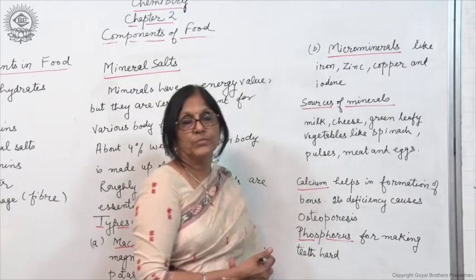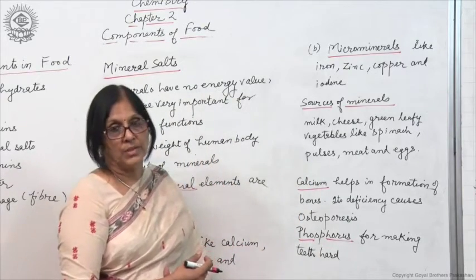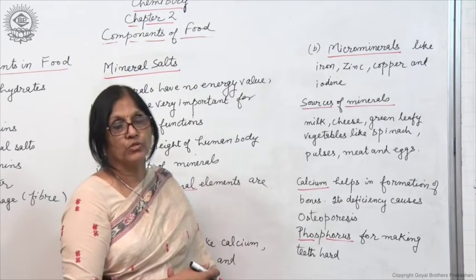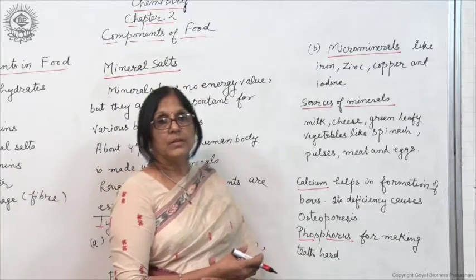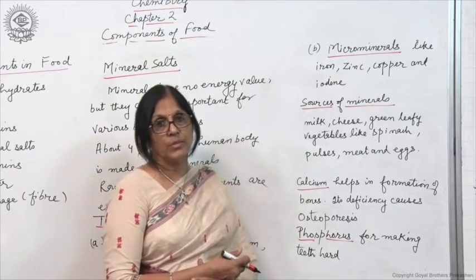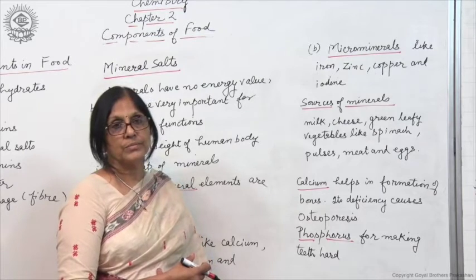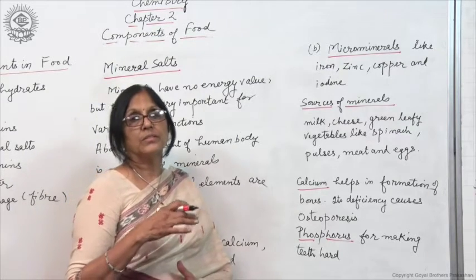Like calcium, you might be aware of calcium. It helps in the formation of bones, it makes the bones strong, and if calcium deficiency occurs in the body, it causes a disease called osteoporosis. In this disease, what happens?